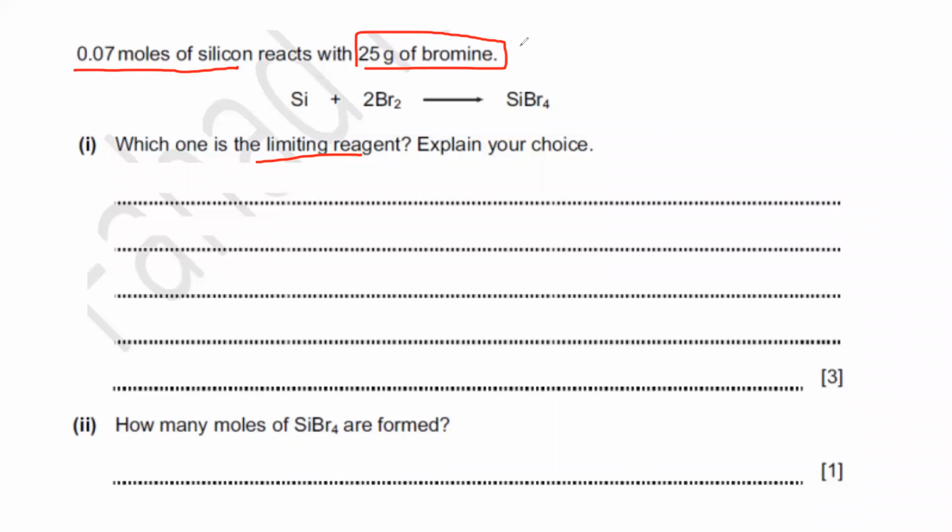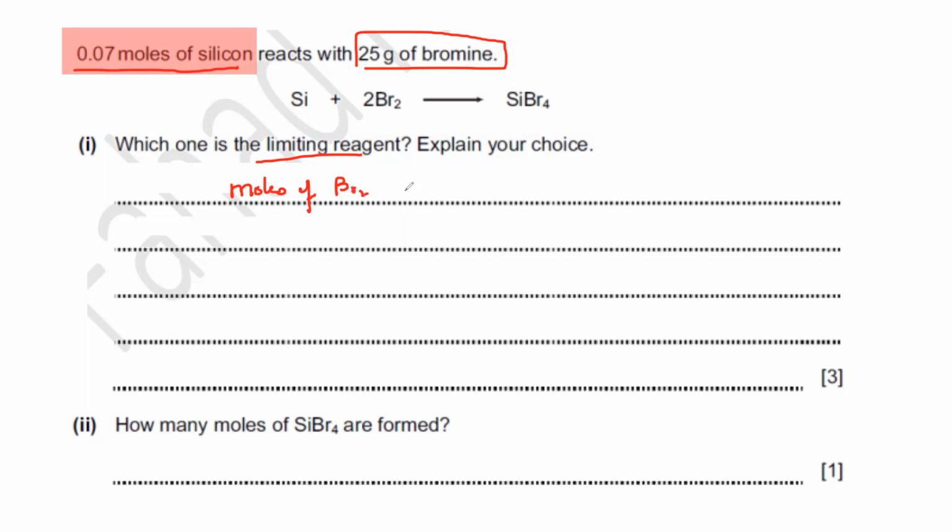We have the moles of silicon, which are 0.07. But we don't have the moles of bromine, we have the mass of bromine. Whenever we compare reagents, both of them should be in the same unit, and it is better to have both in moles, so it will be easy to compare. So first, we will find the moles of bromine.